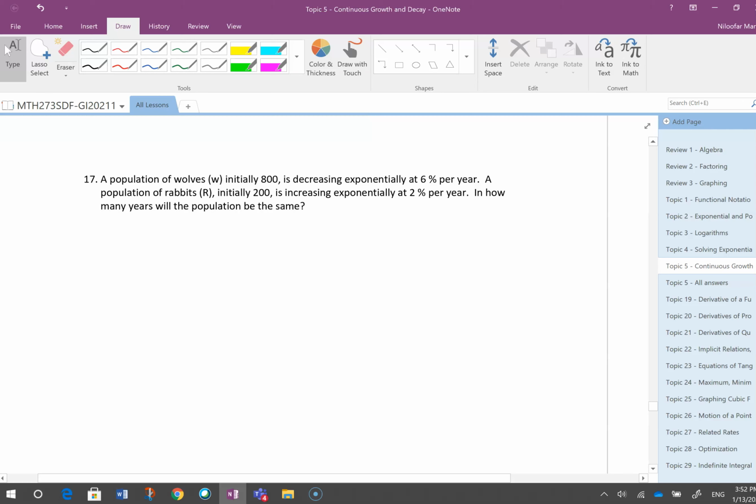One of them starts with 800, goes down. One of them starts with 200, goes up. In which year do they have the same population? So this one is 800 e power minus 0.06t, and this one is 200 e power plus 0.02t.